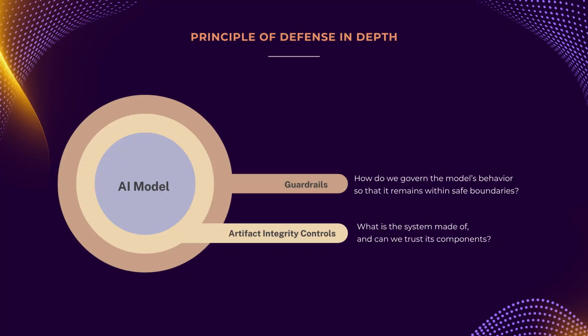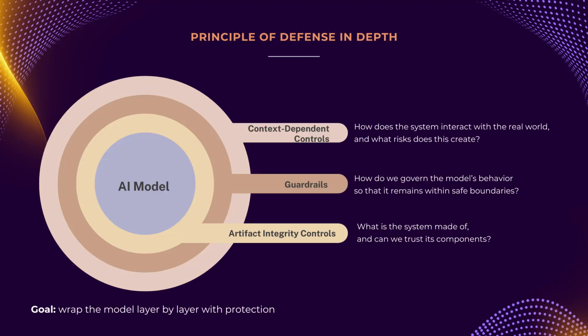These are our guardrails that defend against attacks specific to generative systems. And the third, outer layer is context-dependent controls. The question here is, how does the system interact with the real world, and what physical risks does that create? Now let's break down each of these, starting with the foundation.